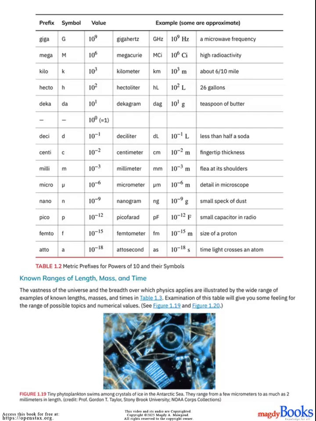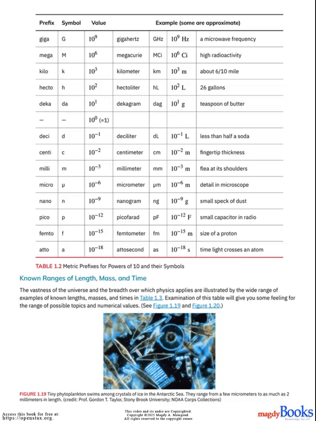Flea at its shoulders. Prefix: micro. Symbol: mu. Value: 10 to the power of -6. Example: micrometer, mu m, 10 to the power of -6 meter. Detail in microscope. Prefix: nano. Symbol: n.